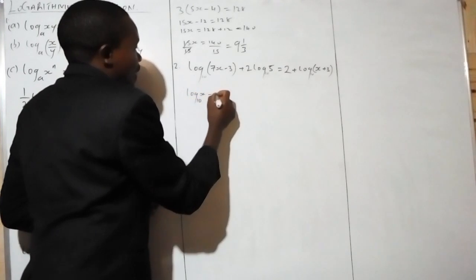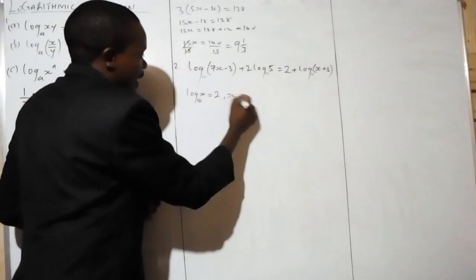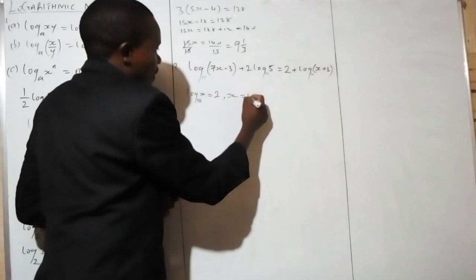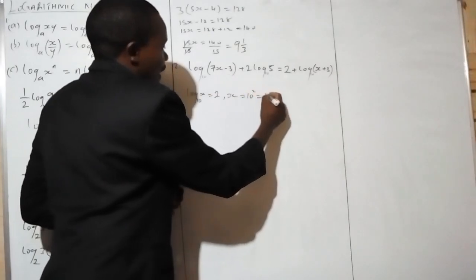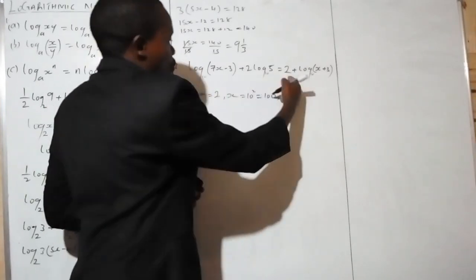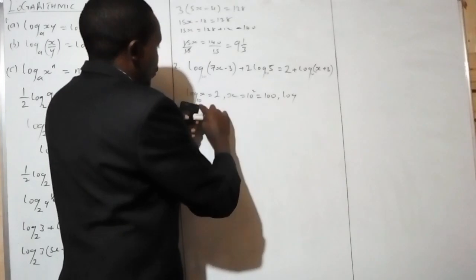Then 10 takes the position of x, and 2 becomes the power: x is equal to 10 squared. 10 squared is 100. And where we have 2, we can replace it with log to base 10 of 100.